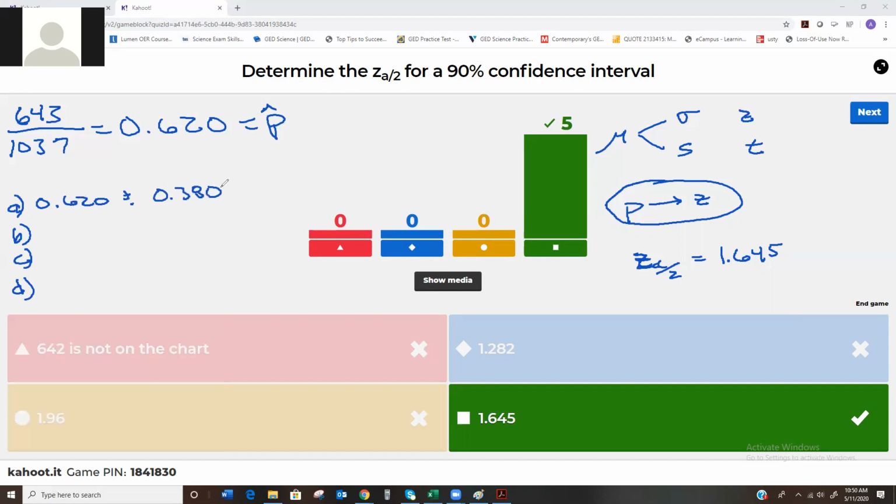So you have to figure out the p hat and the q hat. And then the next one asks you for your degrees of freedom, or these might be flipped. And then it asks you for what's this t sub alpha over 2. And then the last one will be the answer.